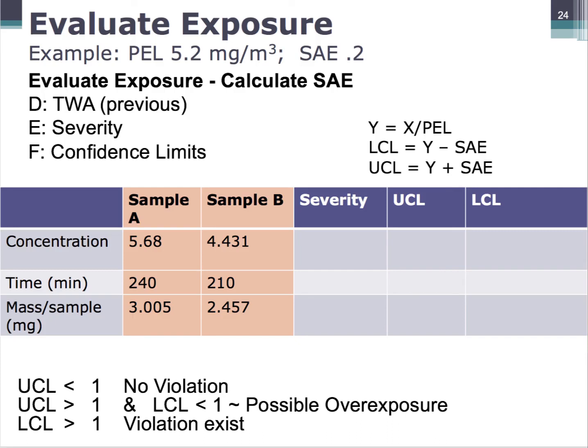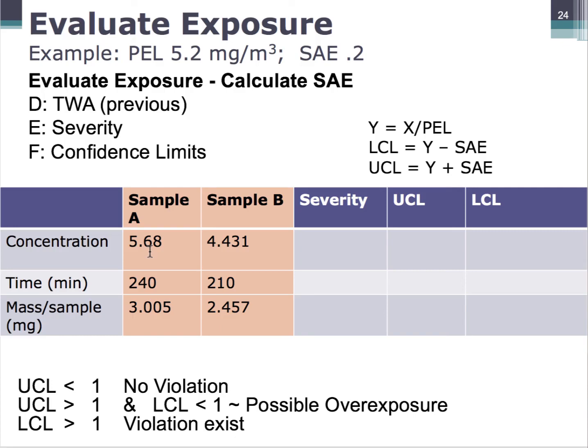We calculated our concentrations. And now let's just use this fun little formula to evaluate the exposure based on the upper and lower confidence limits, or confidence intervals. So I have my standard analytical error from the lab is 0.2. The PEL of my agent is 5.2.